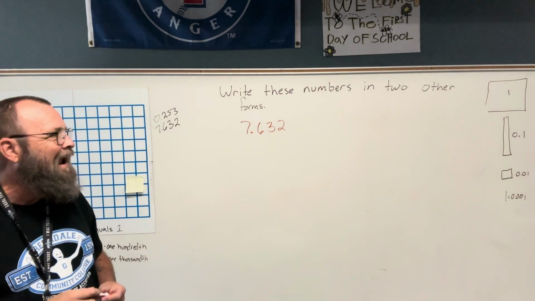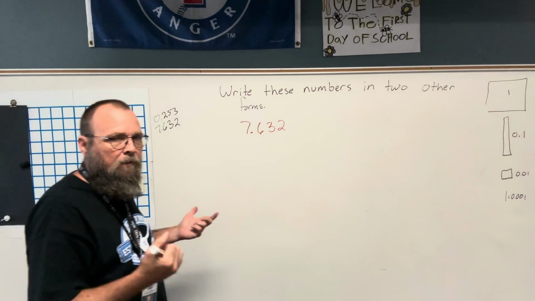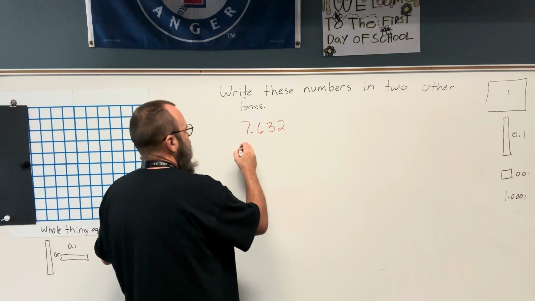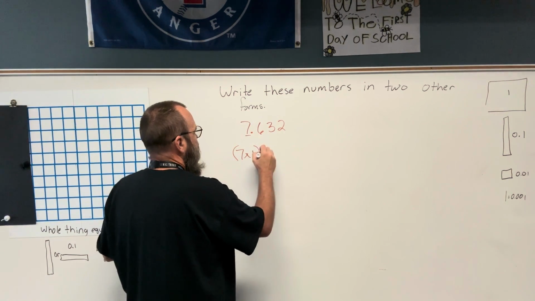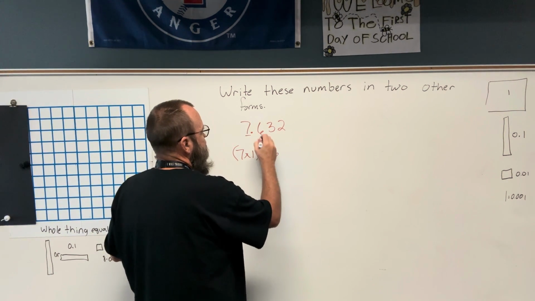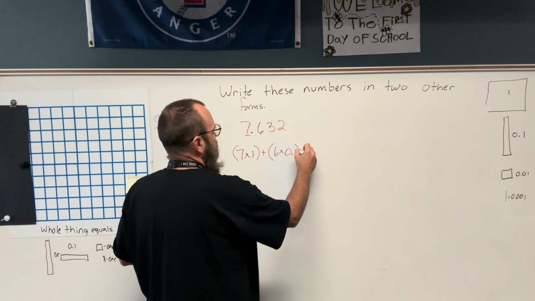We have 7 and 632 thousandths. Let's write it in expanded form. 7 is in the ones place, so we have 7 times 1. Plus 6 is in the tenths place, so 6 times 1/10.